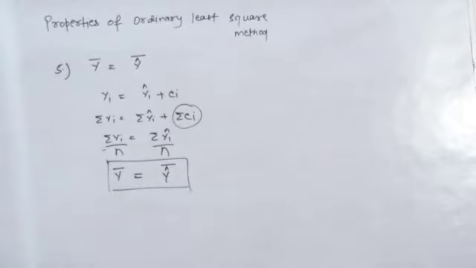Now these are the 5 properties of the OLS method. Now I will discuss with you some minor proofs which will be helpful later on.